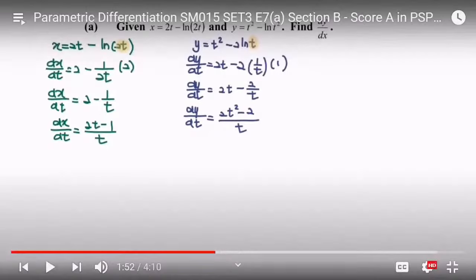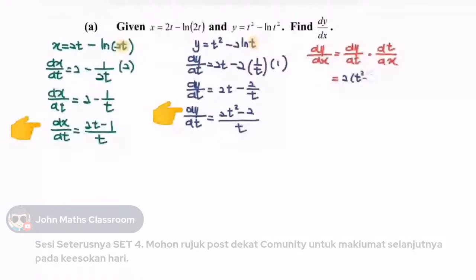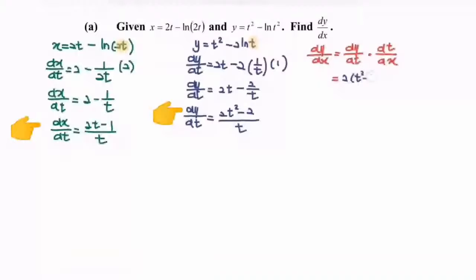So sekarang soalan nak kita cari dy dx, kita pun teruskan. So the formula for dy dx, where we have dy dt, multiply with the dt dx. Substitute, where we have dy dt 2 bracket t squared minus 1 over t, multiply with dt dx, where remember we have to flip the situation.